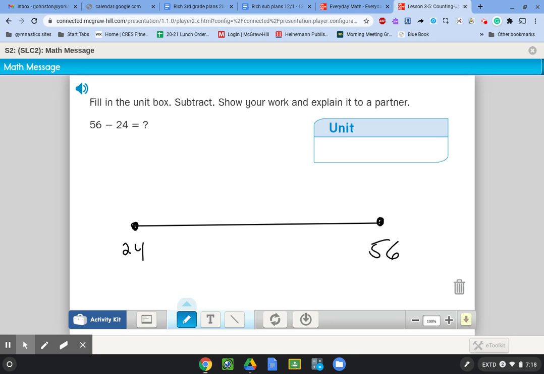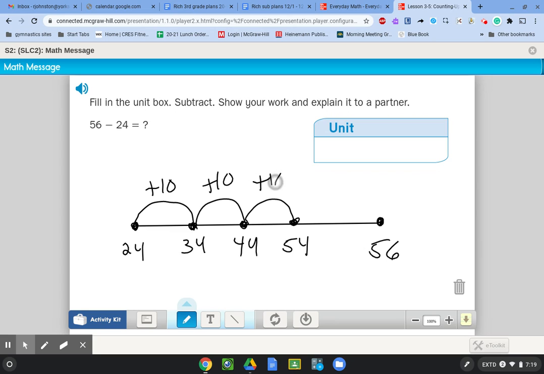So for example, if you jump from 24 to 34, that's a plus 10, right? And if you do that again, you'd be at 44. That's another plus 10. If you do that again, you'd be at 54. That's another plus 10. So far we've gone 10, 20, 30, right?